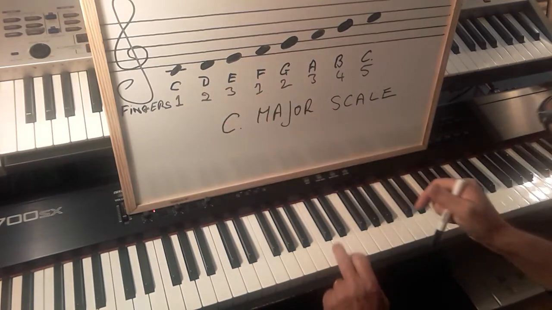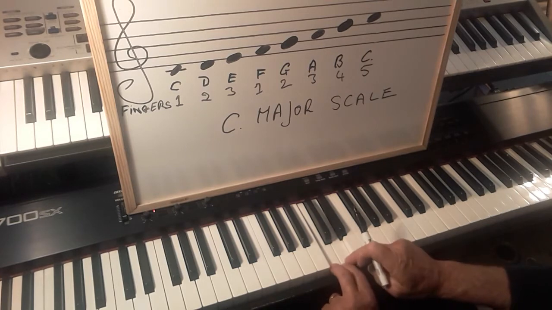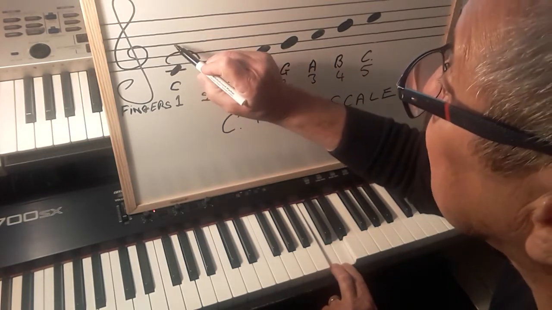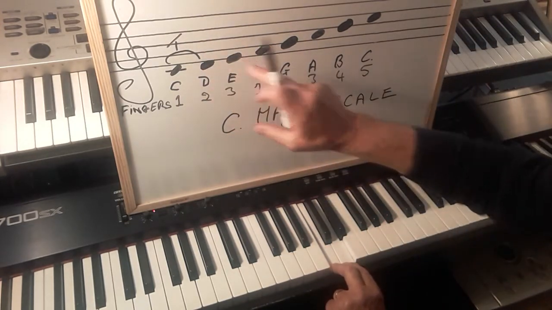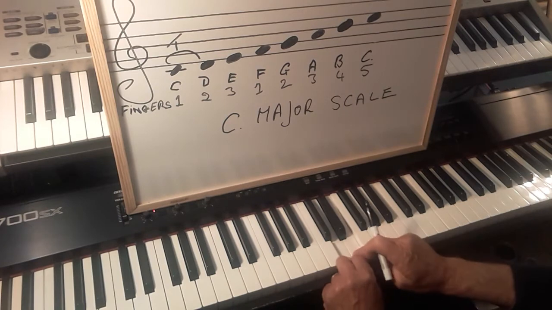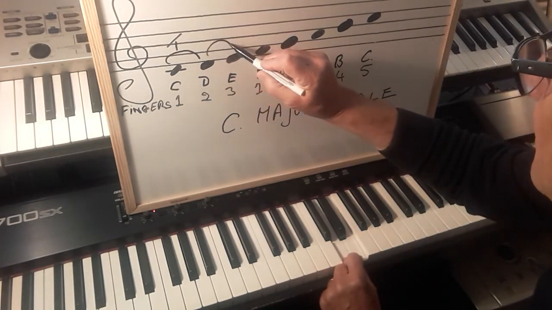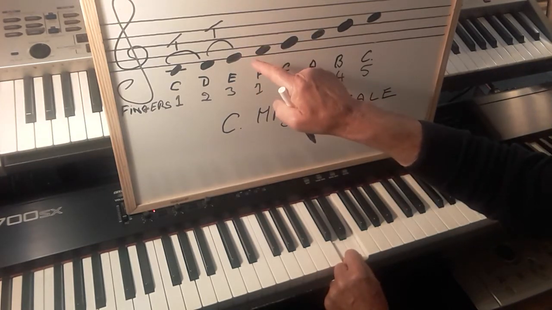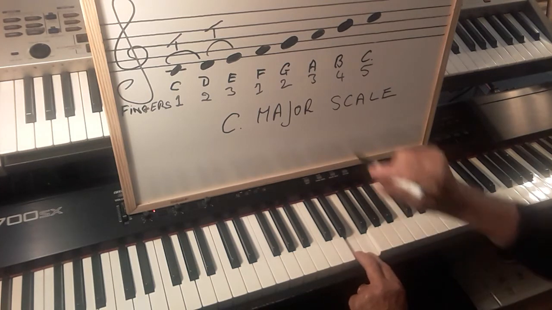Right, now here's the structure. From C to D is a tone. And then from D to E is another tone. Now from E to F is a semitone.